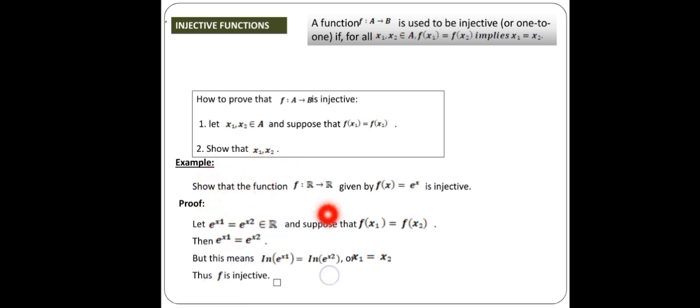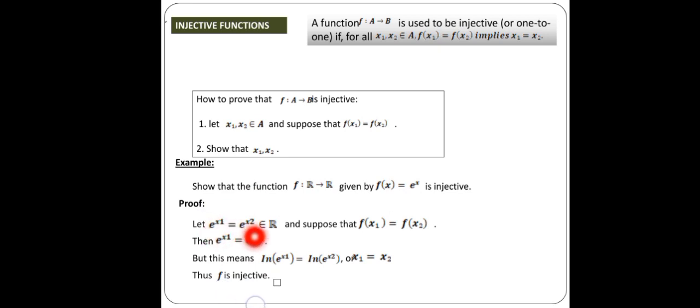Now, here's an example of an injective function. Show that the function f from real numbers to real numbers given by f of x is equal to e to the power of x is injective. So here's the proof.